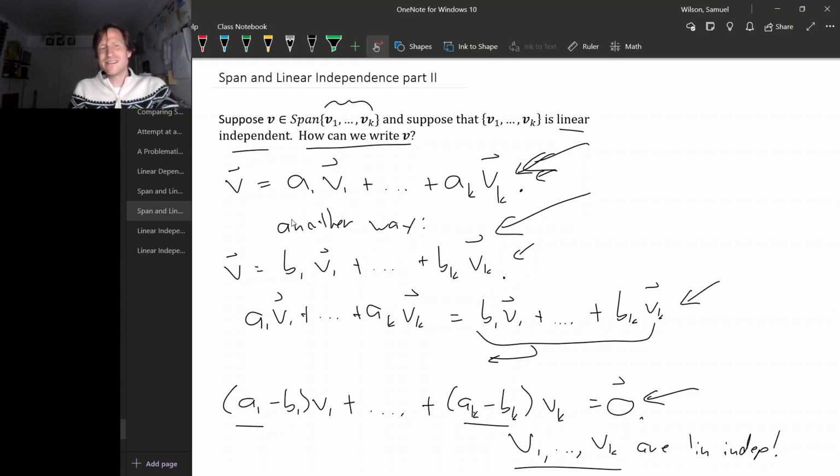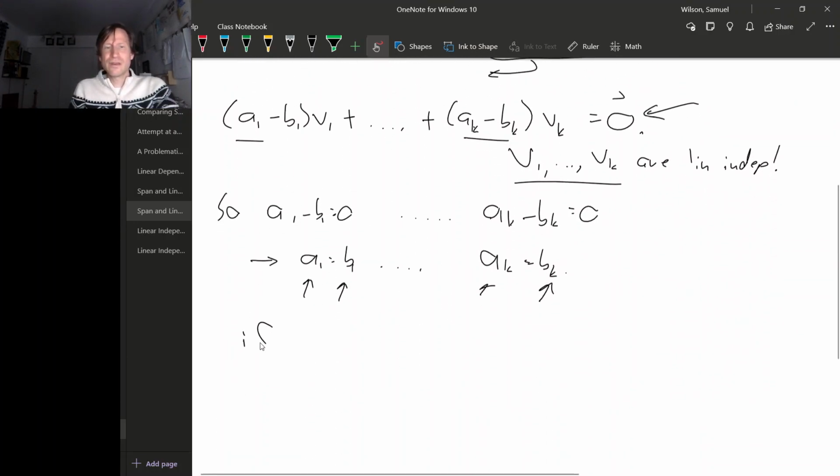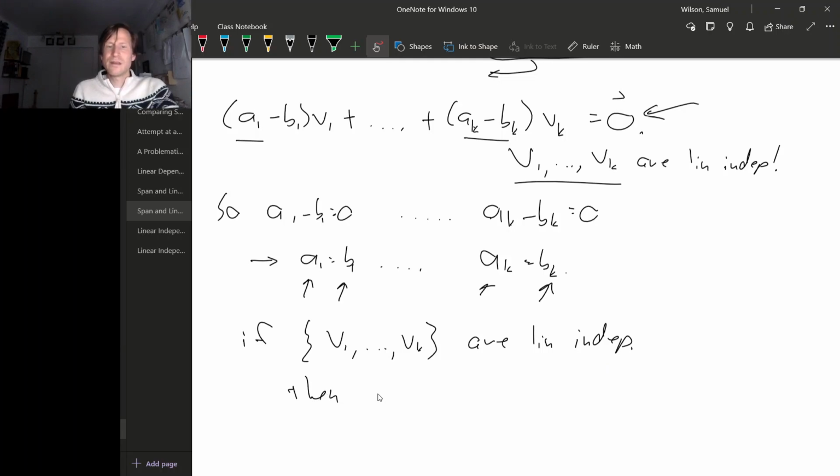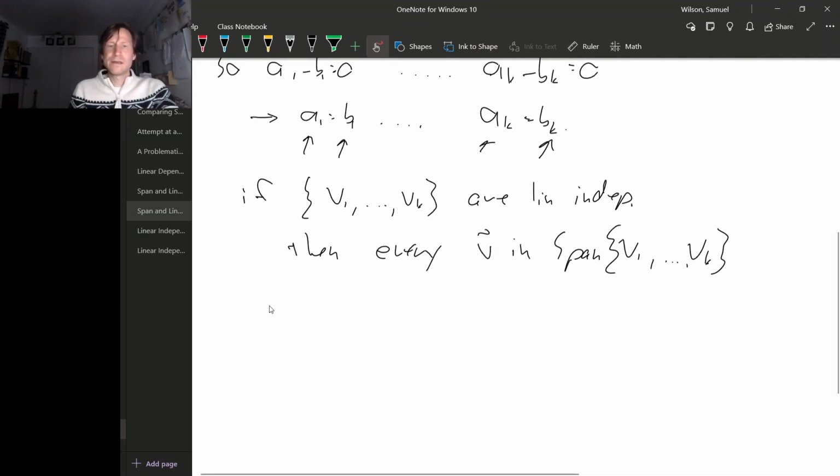So what we've shown is if these vectors are linearly independent, then every vector in the span of v1 through vk is a linear combination of v1 through vk.